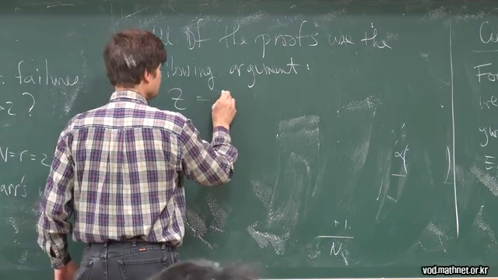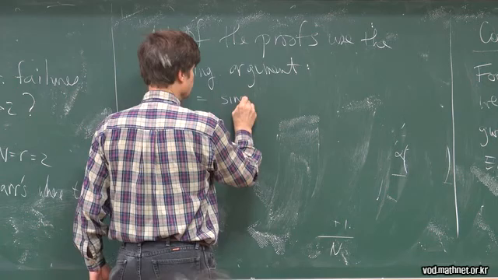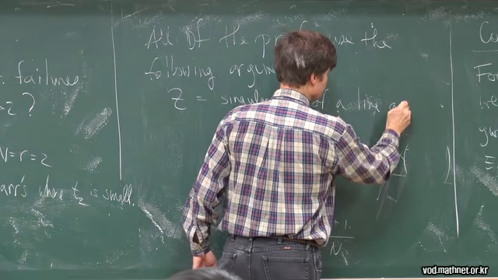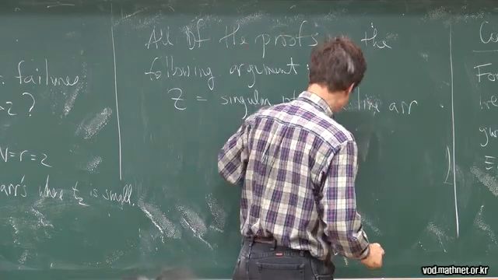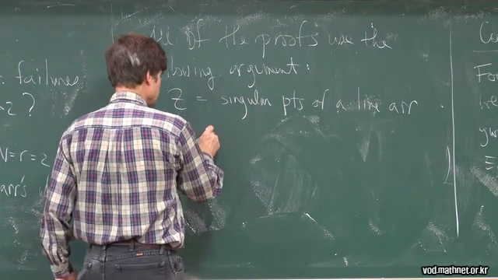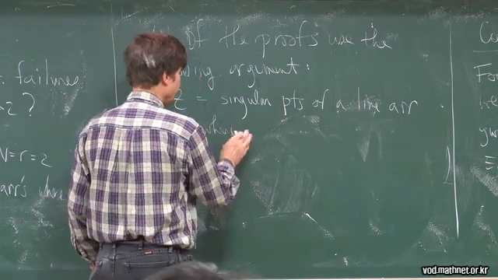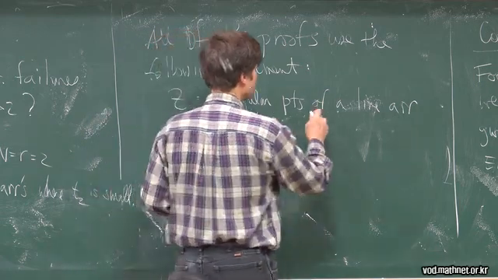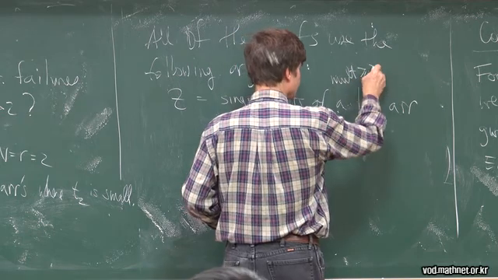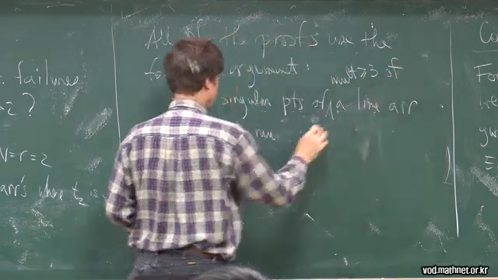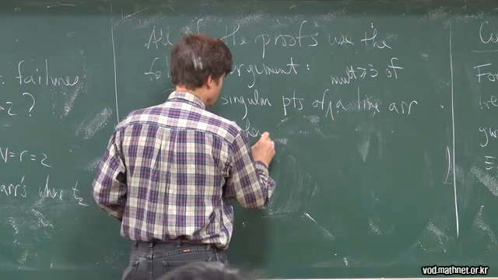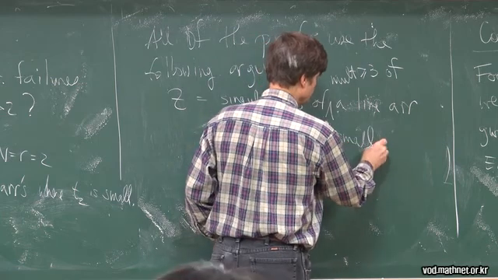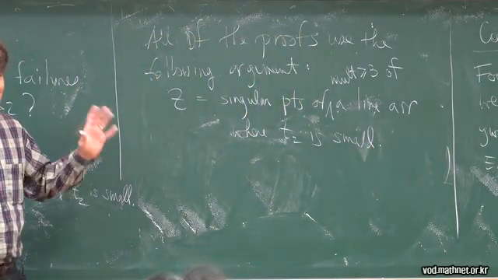Z equals the singular points of multiplicity greater than or equal to 3 of a line arrangement, where the number of points of multiplicity 2 is small. There is no definition of small. This is just intuition.